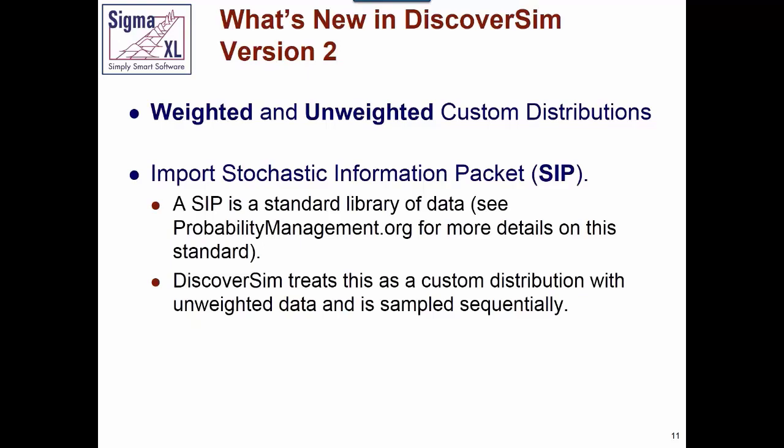So we support that on an input basis. We don't provide the standard report format, but we do allow you to specify a standard library, and if you want to include that as one of your inputs in your simulation, you can do that now.